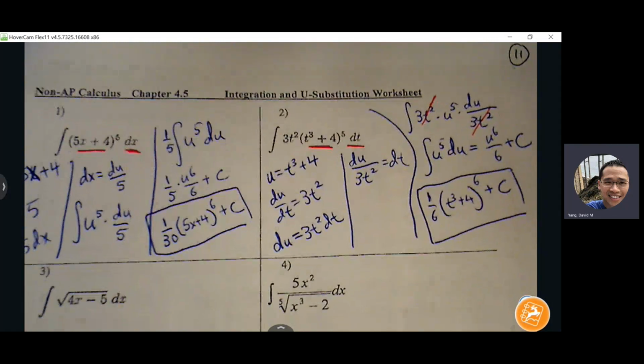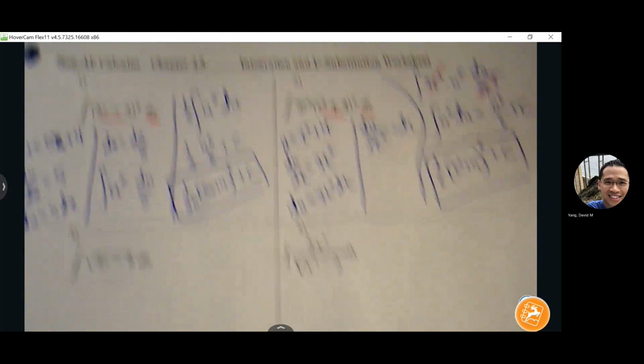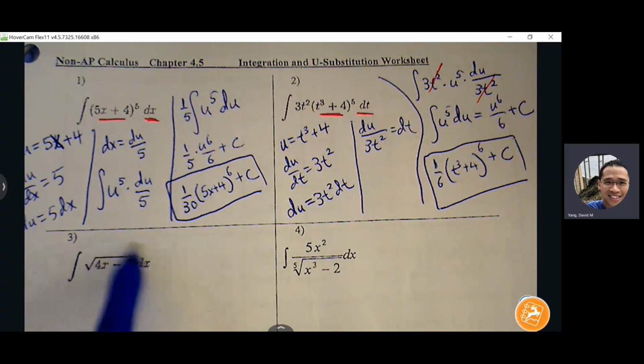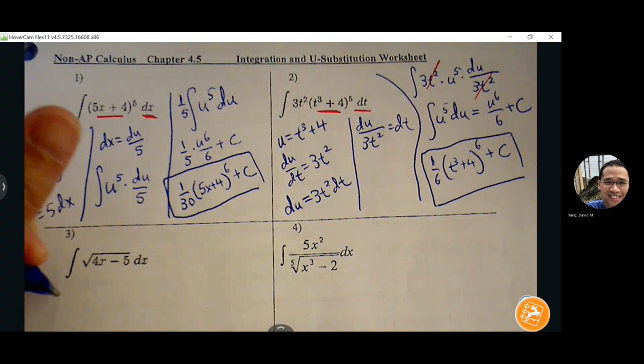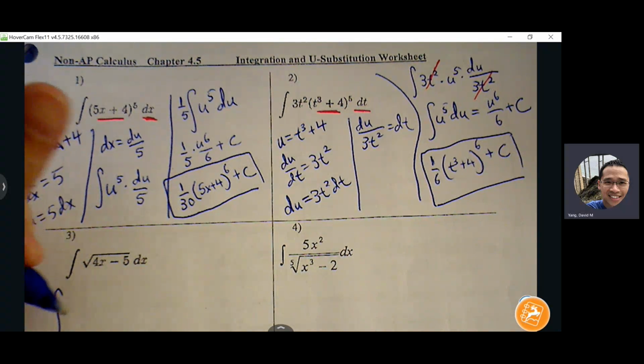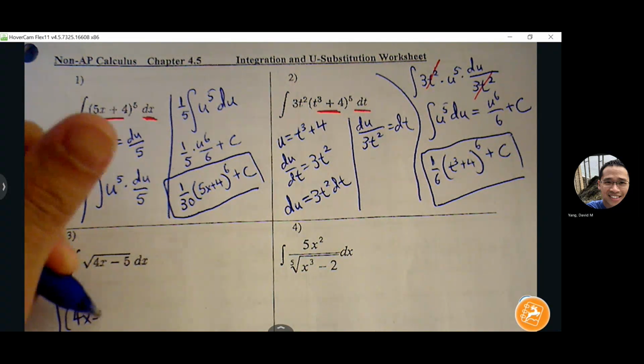Okay, number 3. Expand our way through. We try. If we think about trying to do that, we're going to get stuck. So maybe let's rewrite the problem. How can we rewrite this? 4x minus 5 to the 1 half.